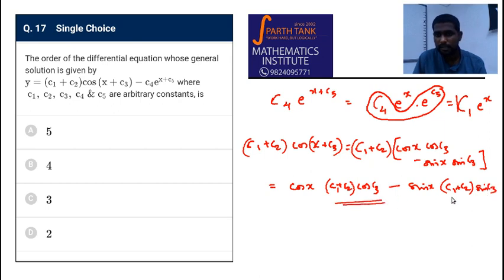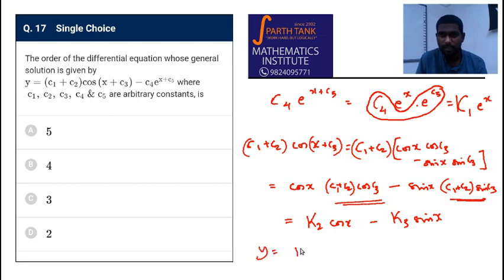Now these are just two arbitrary constants more, right? The whole term is one arbitrary constant. This whole term is another arbitrary constant. So this can be written as k2 cos x minus k3 sin x. So the actual solution is like k2 cos x minus k3 sin x plus k1 e raised to x.